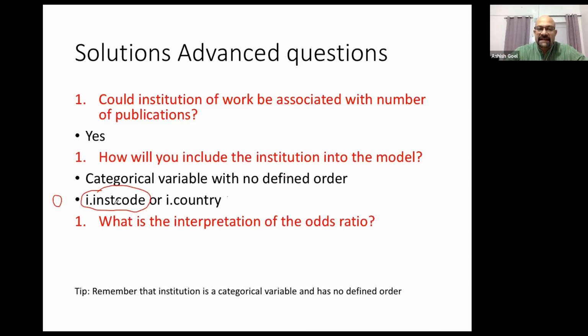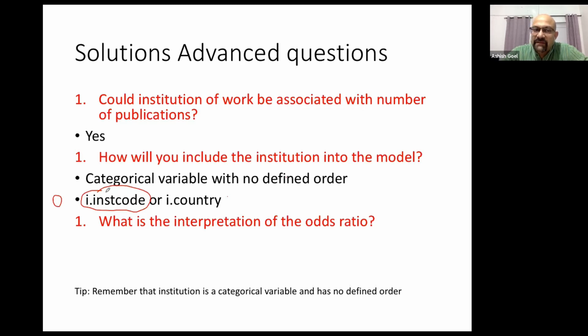So what Stata will do is now use your baseline category, which you have coded 0, and compare all the other institutions against the baseline category. So this will give you some idea or some reference point. It will use 0 as the reference category, 0 as the reference institution, and compare each of the other institutions with the 0 coded institution.